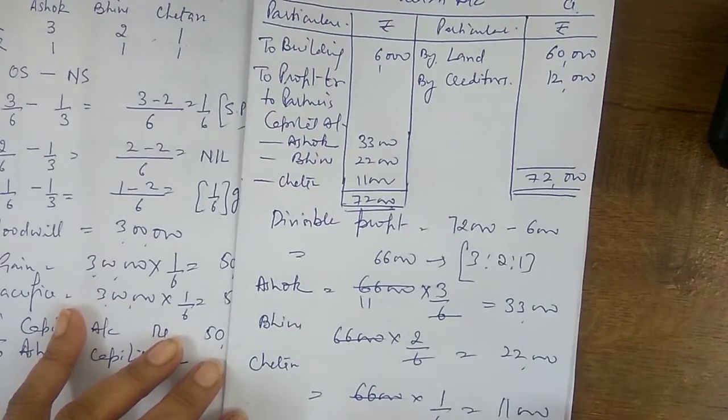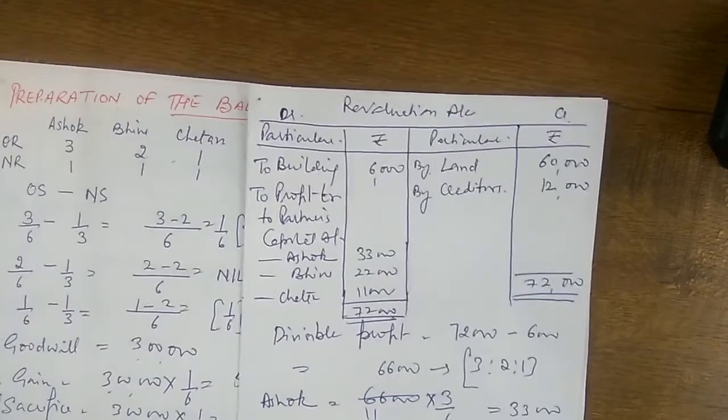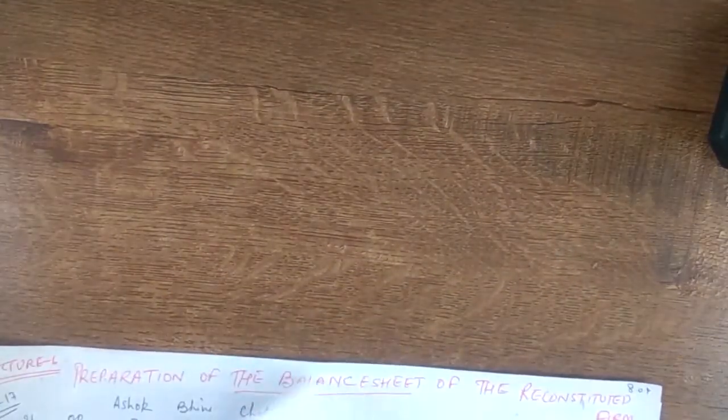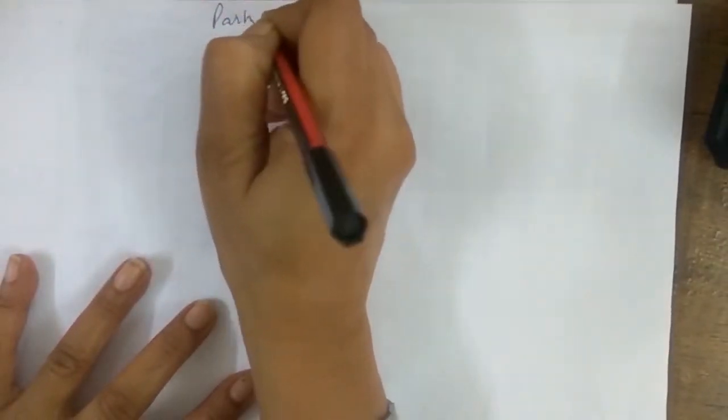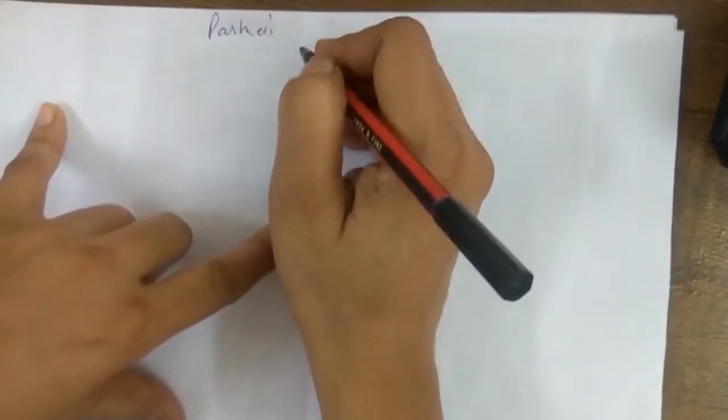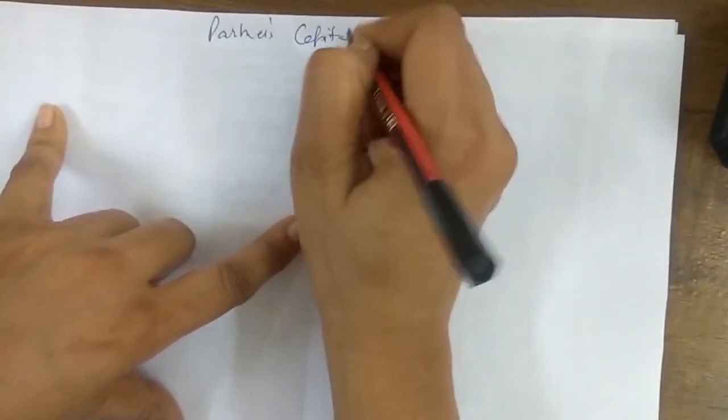Clear hai bache? Now next thing we have is making of partners' capital account.